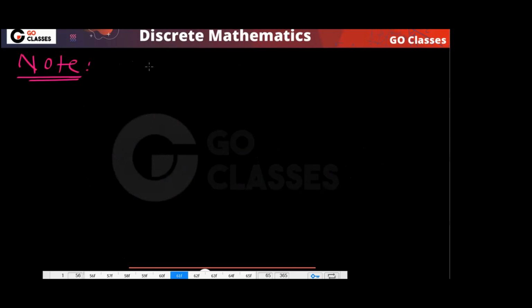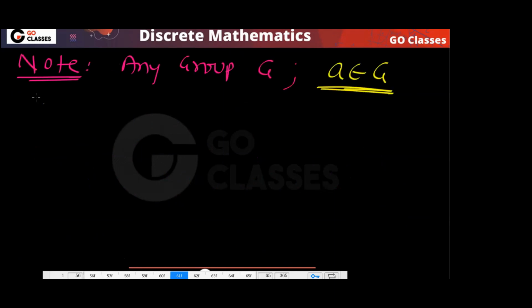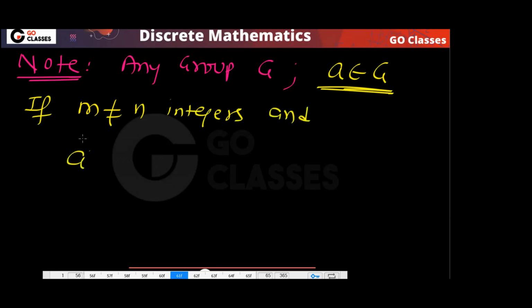This is the note you can take. Any group G, and this can be any element. If m, n are different integers, and a power m is equal to a power n, then it means a power m minus n is the identity element.